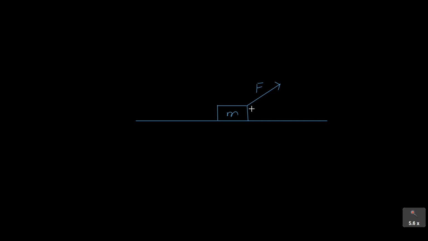It is said that this force is making an angle theta with the horizontal. Now our job will be to make a free body diagram, still considering this body to be at the state of equilibrium, so that means there is no acceleration in this body.